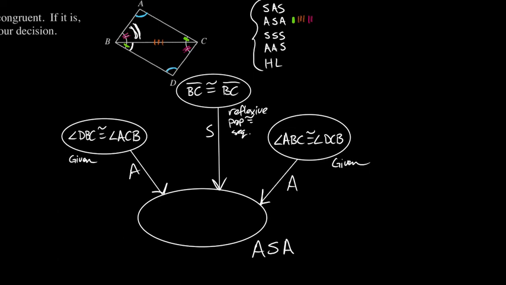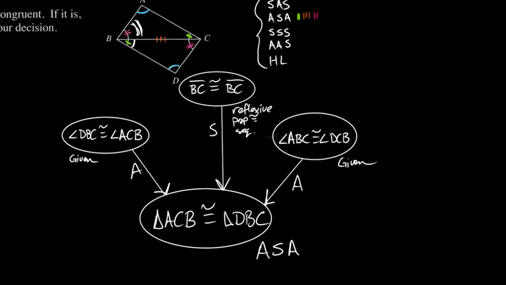The order of the vertices definitely matters, so I will say that triangle ACB is congruent to, and honestly that order could have been anything, but now that I've picked ACB, the other one that I have to write that goes with ACB would be triangle DBC, D to B to C, A to C to B.